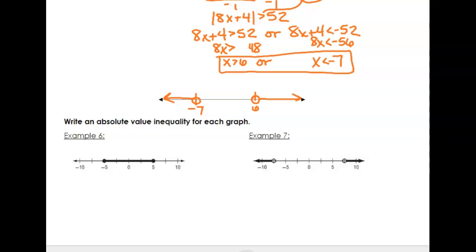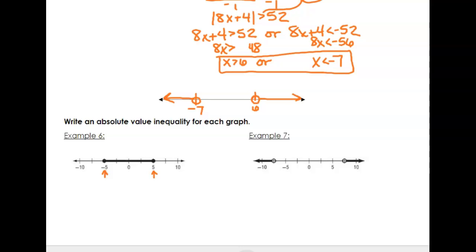And then finally, our last problems ask us to write an absolute value inequality for each graph. Sorry, my mic wasn't up by my face. Check your answers for number 5. The last two ask us to write an absolute value inequality for each graph. Example 6 has an endpoint at -5 and an endpoint at 5.